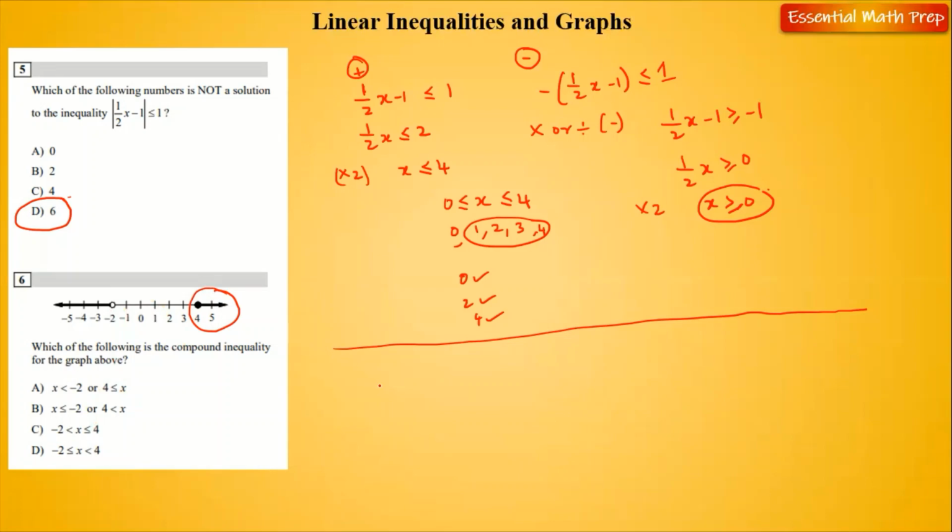So that means x is greater than or equal to 4, right? Remember, I also mentioned that these two terms are separate, they're not together. It's not like the solid dot and the open dot are connected like we did earlier.